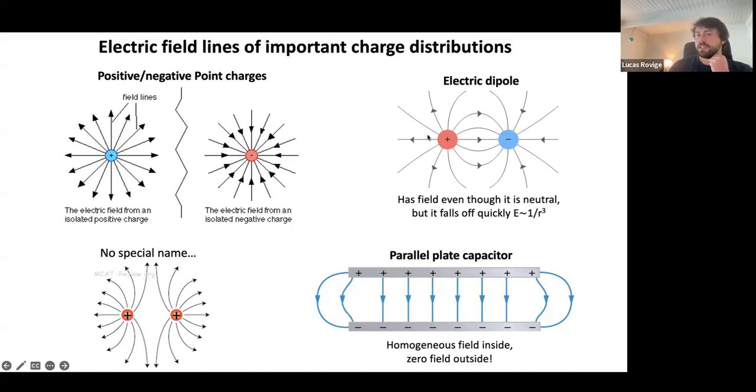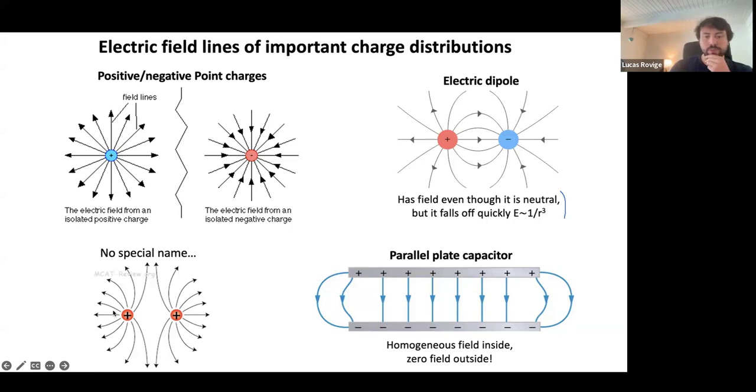Okay. If you have a combination of a plus and minus charge, which is what we call an electric dipole, then we have this distribution. And one thing that is interesting about the dipole is that even though it is globally neutral, it has a field when you are outside of it, but it falls off pretty quickly with a dependency of 1 divided by r cube instead of the 1 divided by r square of the single point charge.